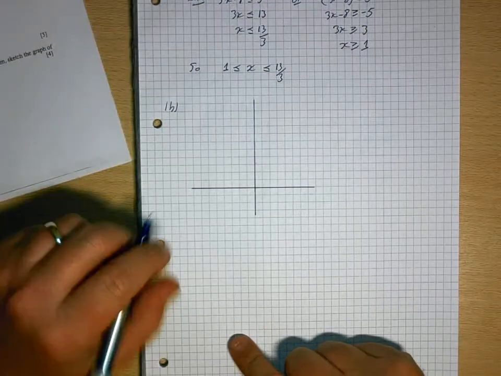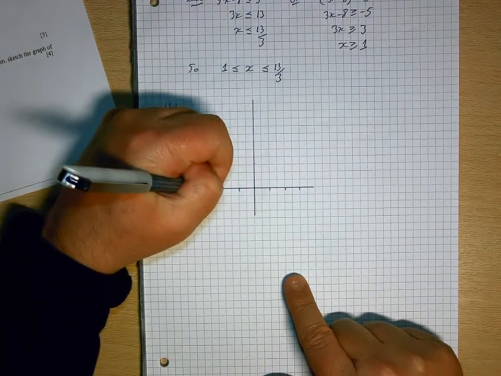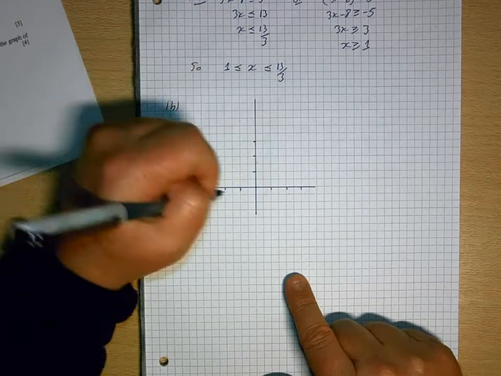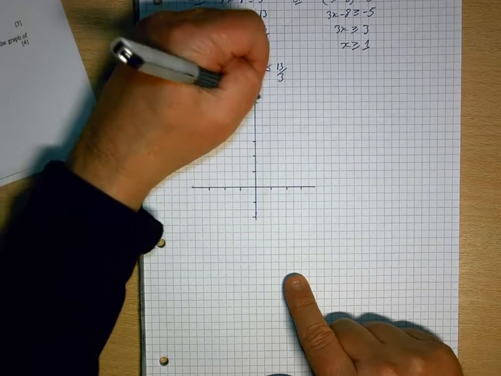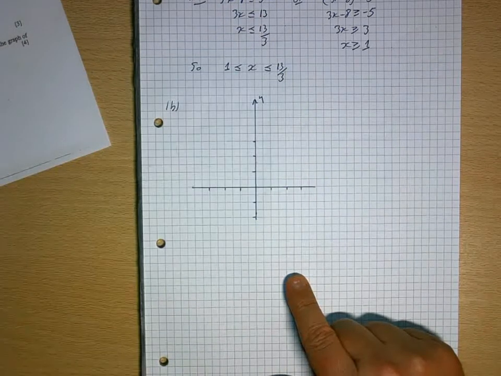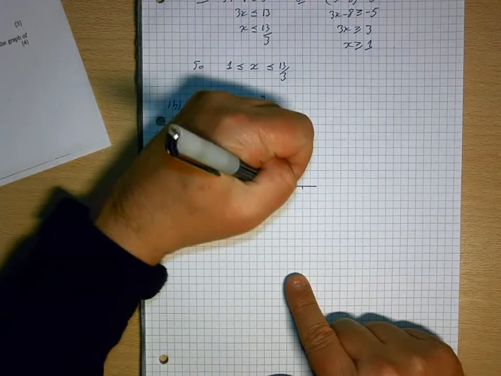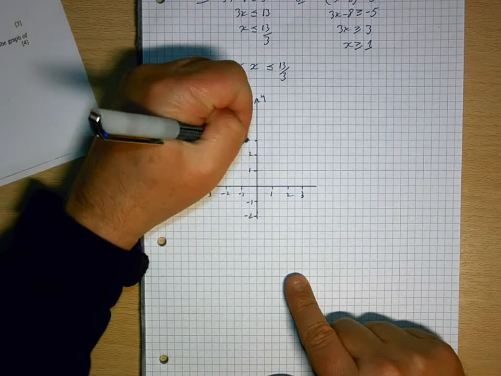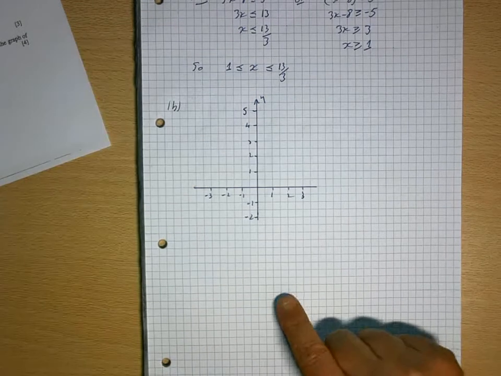Okay, so 1, 2, 3, negative 1, negative 2, negative 3, y, x, and let's see where we are going.